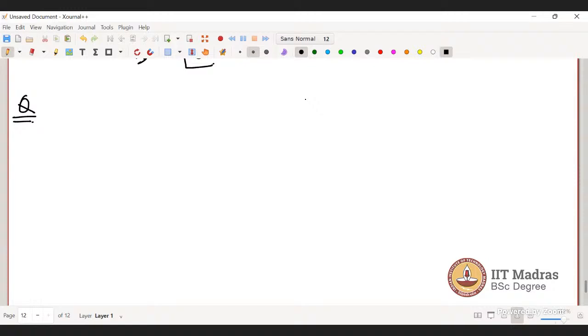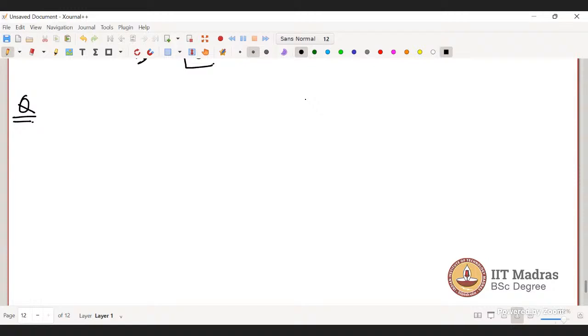Statement Q: the span of S is the vector space consisting of only upper triangular matrices of order 2, which is true. The span of S is the vector space of all square matrices of order 2, which is incorrect. The span of S is the vector space of only scalar matrices of order 2, which is also incorrect. So only one statement is correct here.